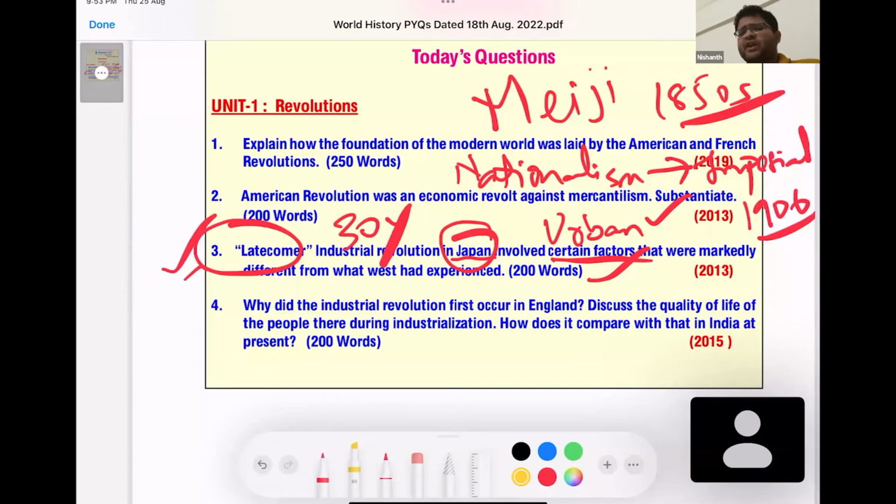So this is what you can write, but it definitely gave a lot of stress in the society. To remove this stress, the leaders promoted nationalism, and this promotion of nationalism led to the imperial attitudes of the Japanese, which was seen during World War II.